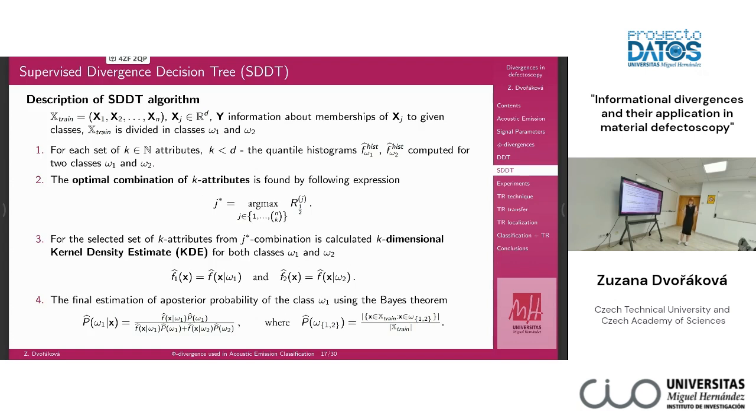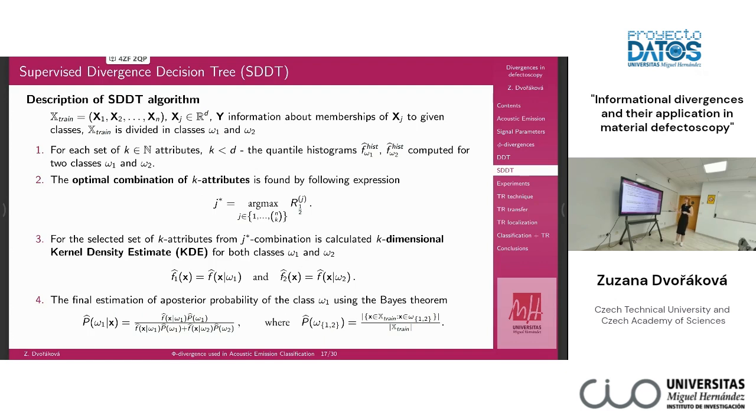We have some data sets, and we know how to divide them into clusters. The training data set has this form, and we now have the information about the memberships of the xi to class omega 1 or omega 2. And the algorithm is as follows.